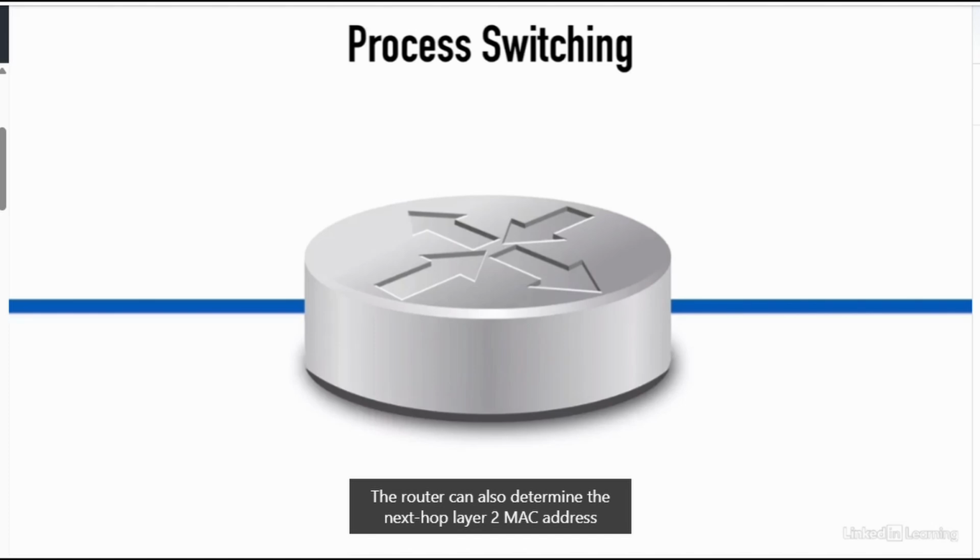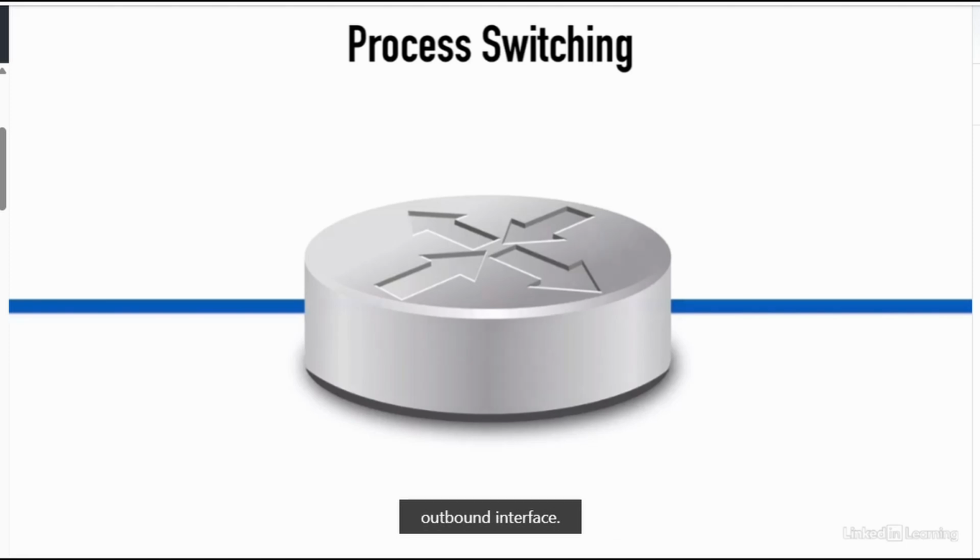The router can also determine the next hop layer 2 MAC address through a table such as the ARP cache. Using all of this information, the switching process will construct a new layer 2 frame header for every single packet. Then the packet will be sent out through the appropriate outbound interface.